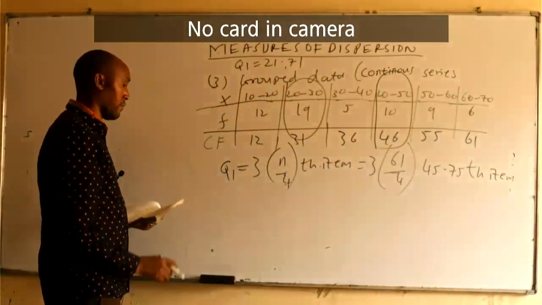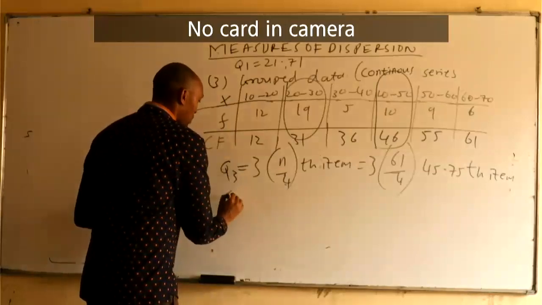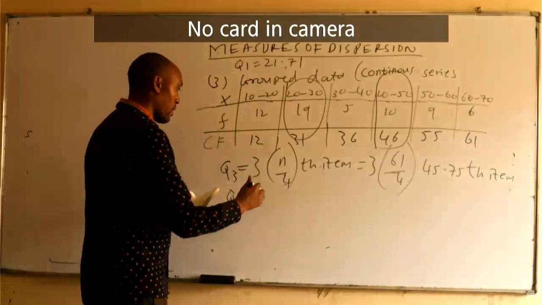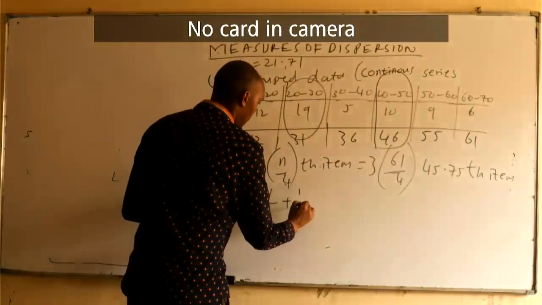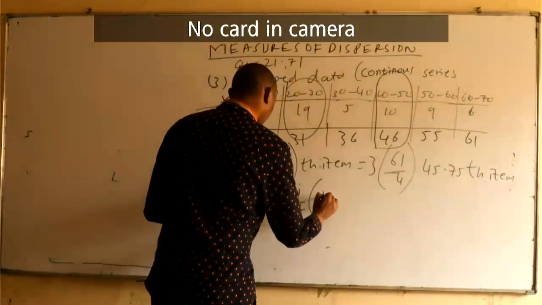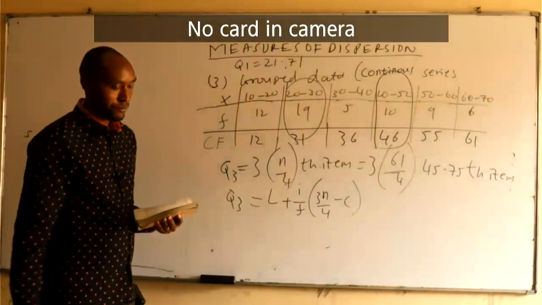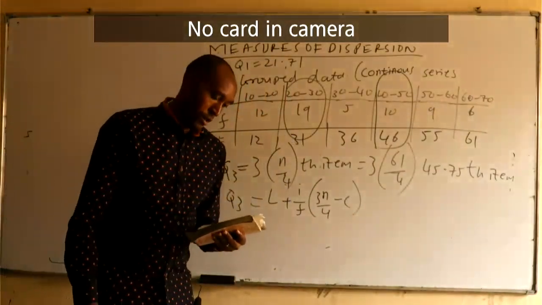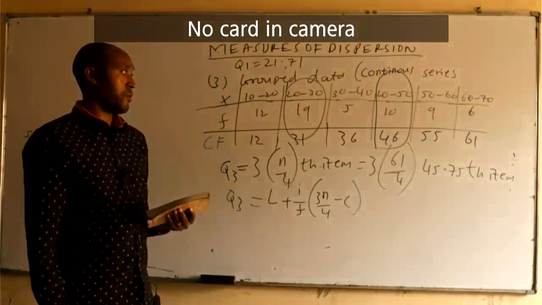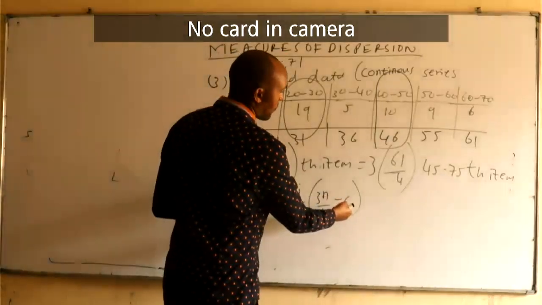So now our Q3 is equal to, you still use the formula L plus I over F brackets 3N over 4 minus C. So I want this one to stick very well.